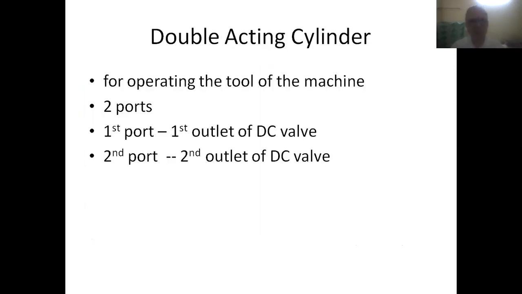And here we have the arrangement of a double acting cylinder. Generally piston rod will be placed in the front portion of the cylinder, but as shown in the diagram, piston rod sometimes will be placed in the rear portion of the cylinder. In both the cases, friends, the cylinders are used for operating the tools of machines in forward and backward directions.